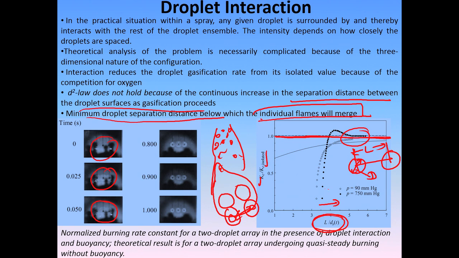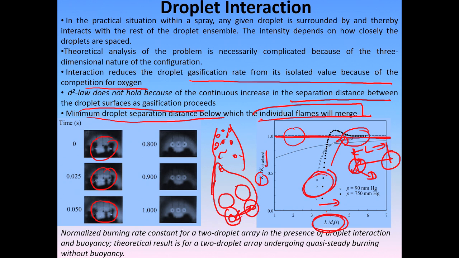But when the droplets are very close to each other, your burning rate substantially slows down, because the gasification rate is reduced by the competition for oxygen. Both the droplets are competing for the same oxygen source, so naturally the burning rate is very low when you have this merged flame, but you do proceed towards the value of 1 as you increase the L by D ratio.